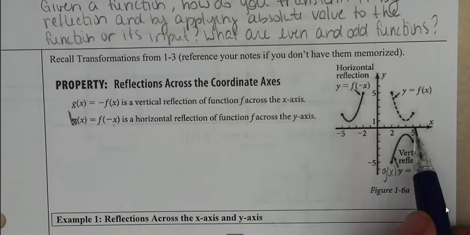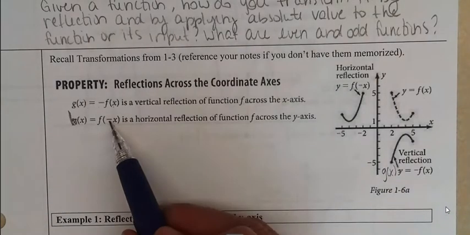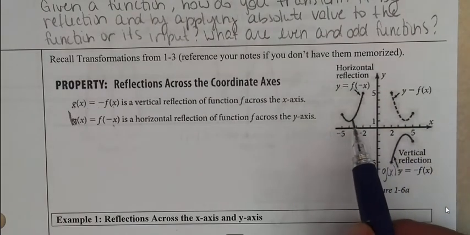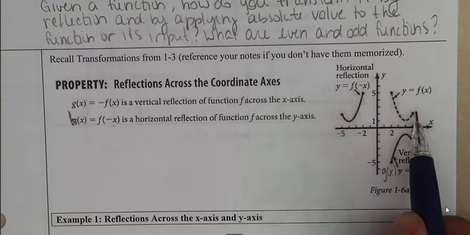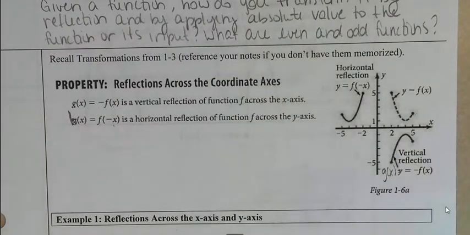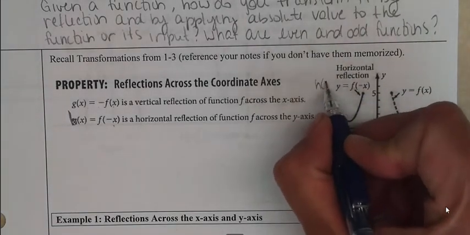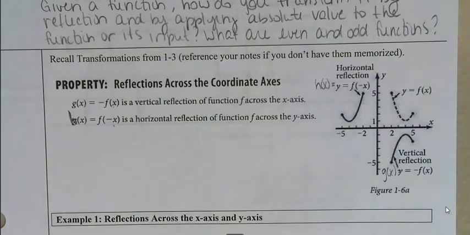So for example, 5 was my original input, and instead now it's going to be negative 5. Well, with negative 5 as my input, I'm going to get the same output as 5. So it's just a reflection over that y-axis. We'll call this h of x, just trying to differentiate a little bit there.